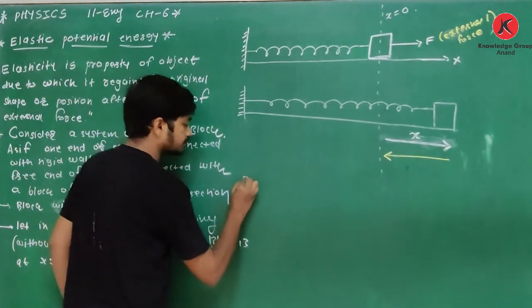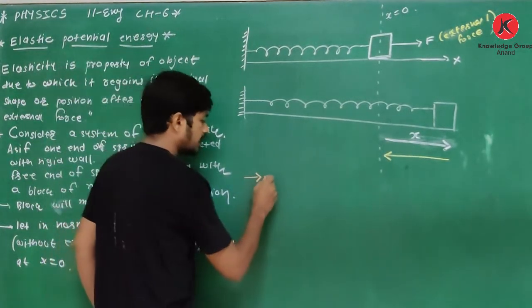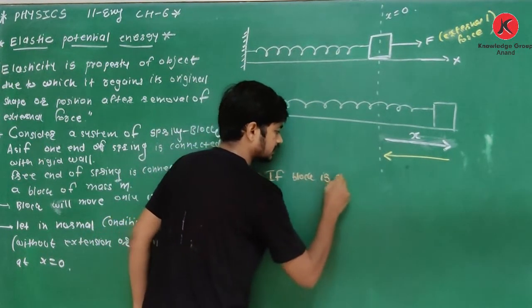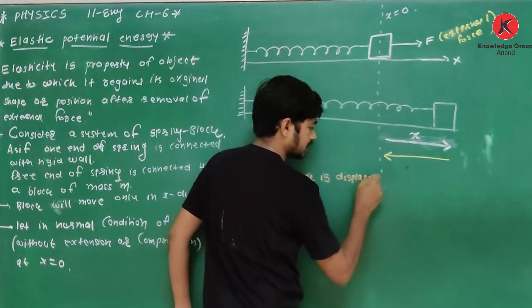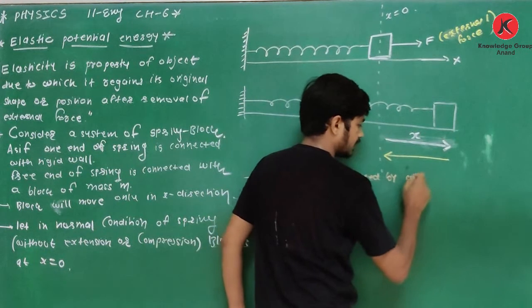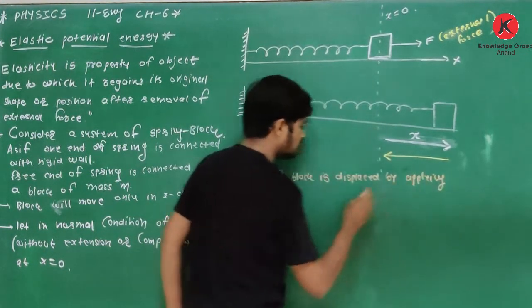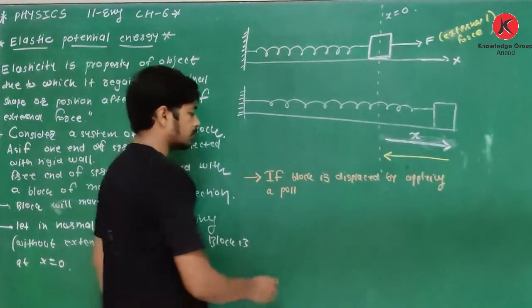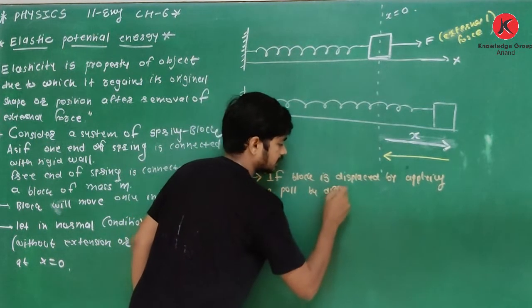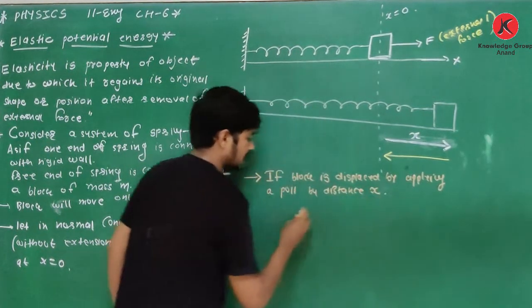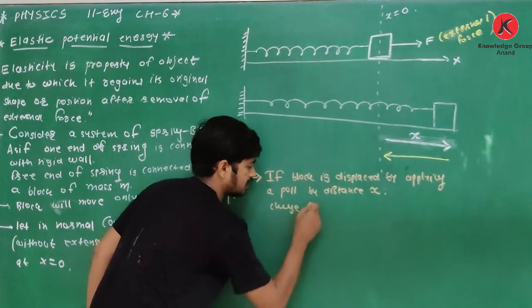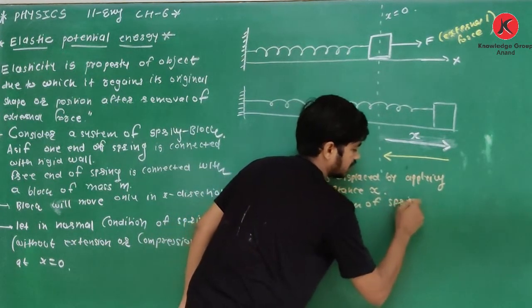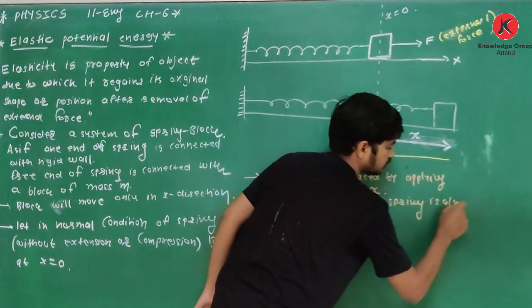Okay, so see here. If the block is displaced by applying a pull by distance x, the increase or change in length of the spring is also x.